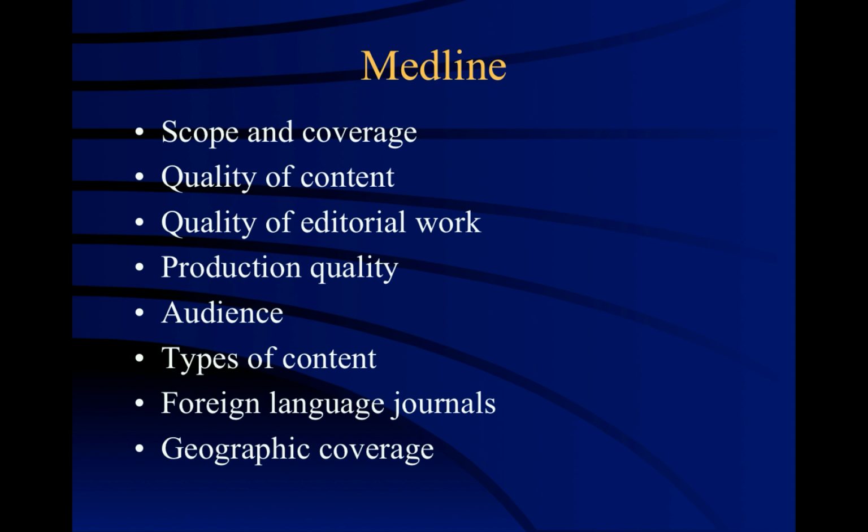Now in Medline, you have to meet specific criteria in order for your journal to be carried by Medline. Critical elements include scope and coverage. The journals brought to the committee for review will contain articles predominantly on core biomedical subjects.